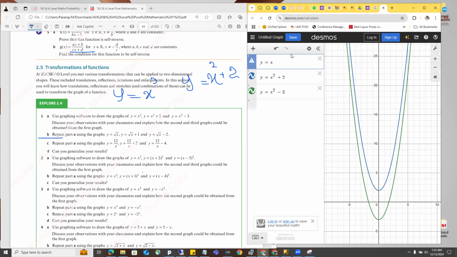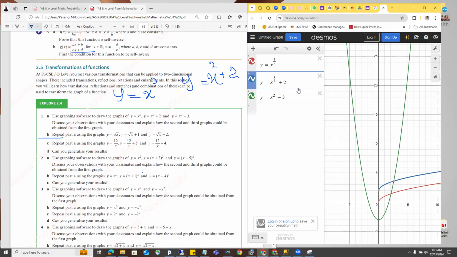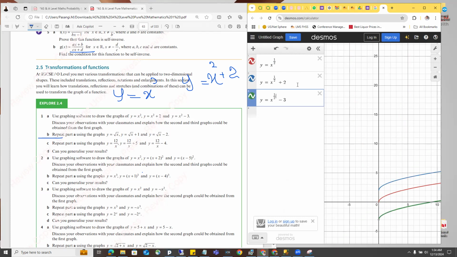That's the easiest way to change this. That's what I also thought. Here for this one, and this one, this value would be 1, and this value would be minus 2. That's what we have here.